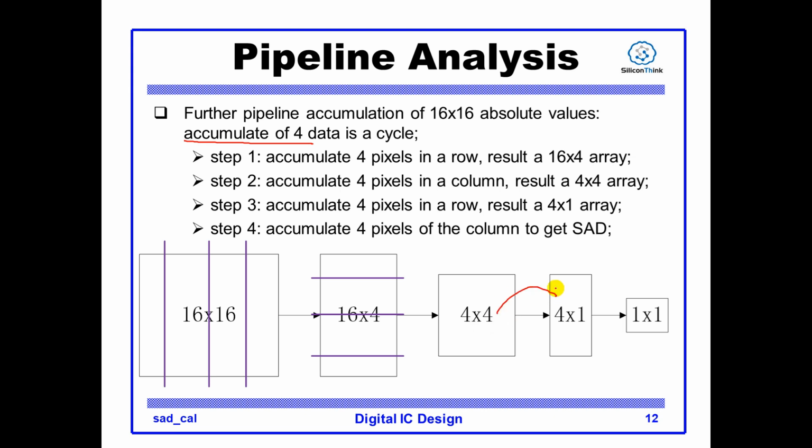Then 4 by 4 yields 4 by 1. Then you get the final result. These are the pipe registers. If you are still unsatisfied with the delay here, you can further choose to accumulate just 2 data in a cycle. And can you compare the delay difference of 2 data, 4 data, 8 data, and 16 data?